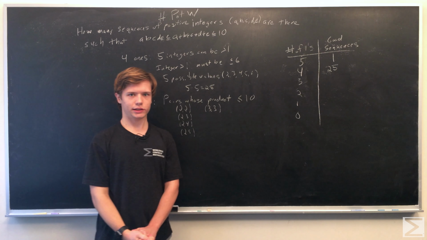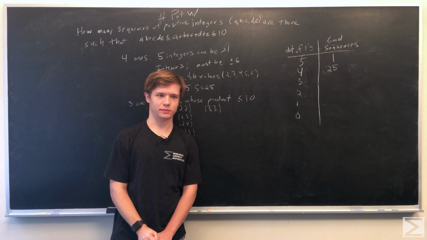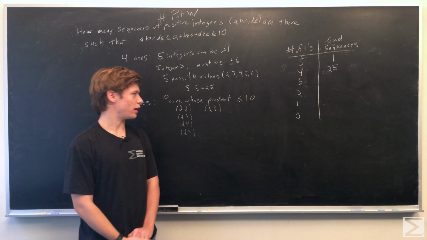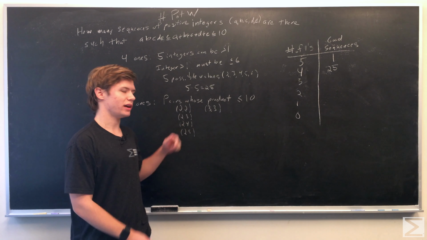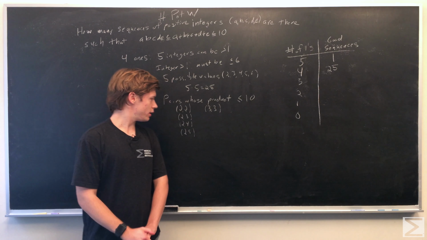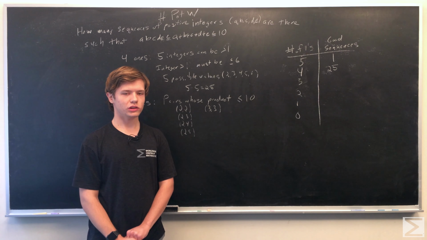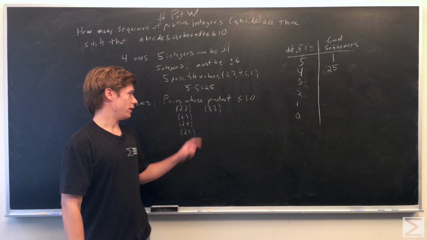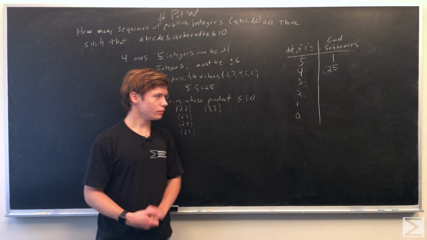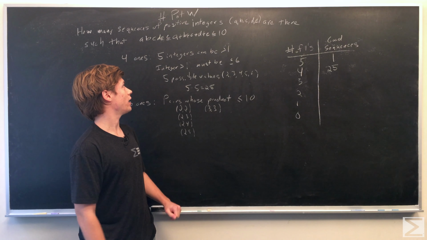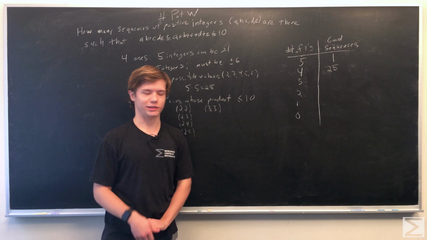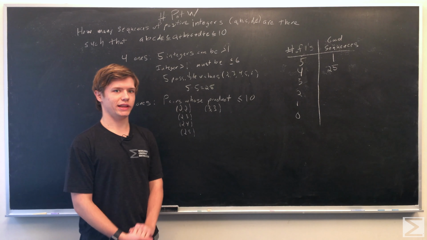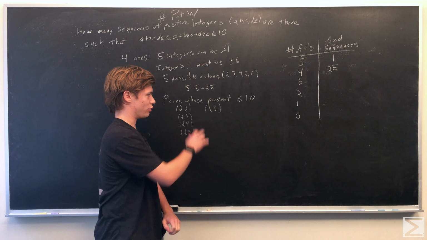As you can see, there are only 5 cases whose product is less than or equal to 10, and that's 2 times 2, 2 times 3, 2 times 4, 2 times 5, and 3 times 3. And you can check the sum, and you'll see that all these pairs work with that as well.